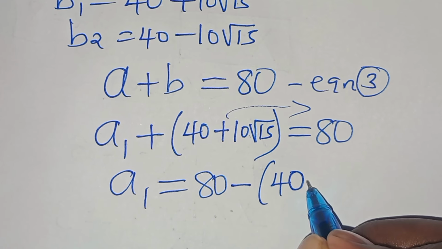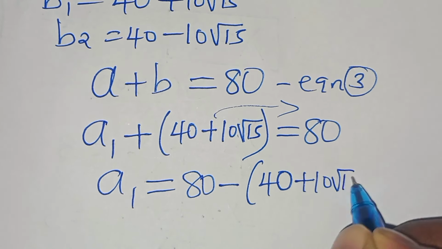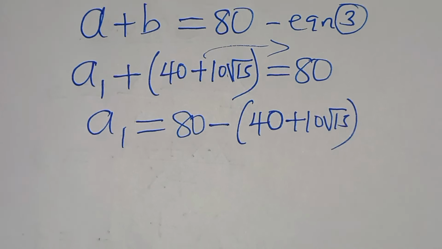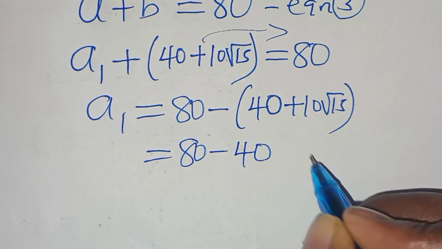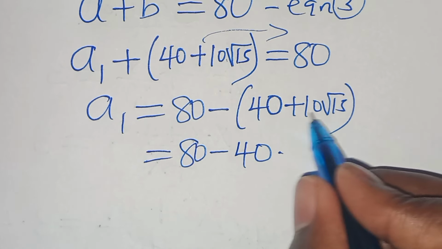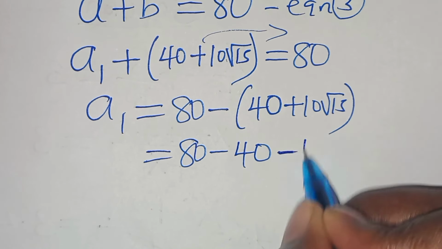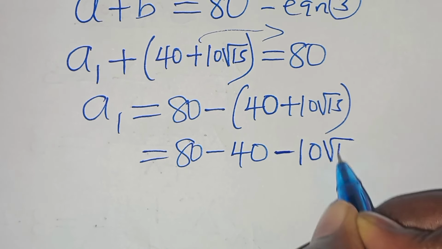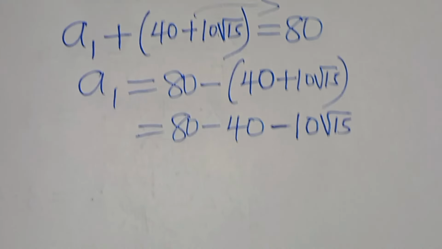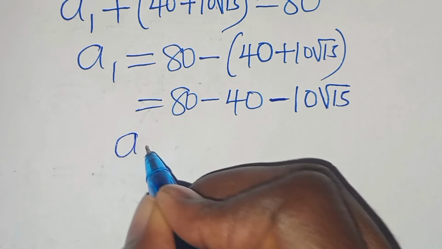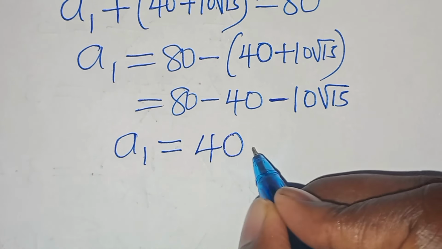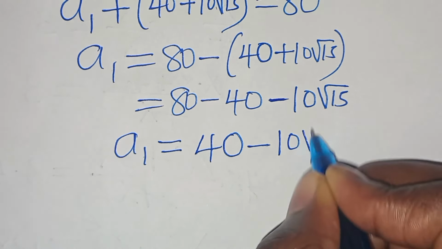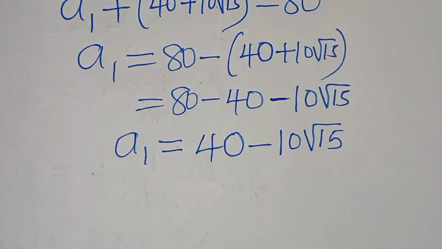We have 40 plus 10 square root of 15. So this is 80 minus 40 minus times plus 10 square root of 15. This is minus 10 square root of 15. So we have that a1 is equal to 80 minus 40, which is 40 minus 10 square root of 15.